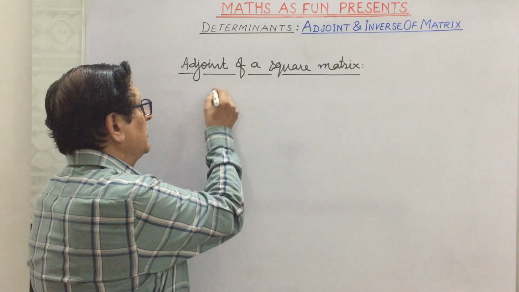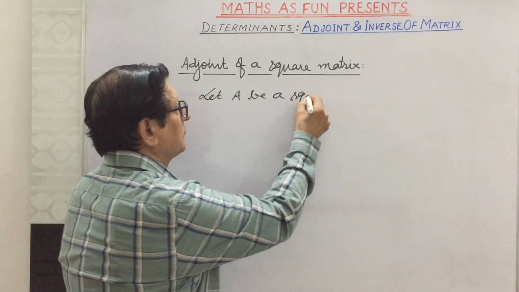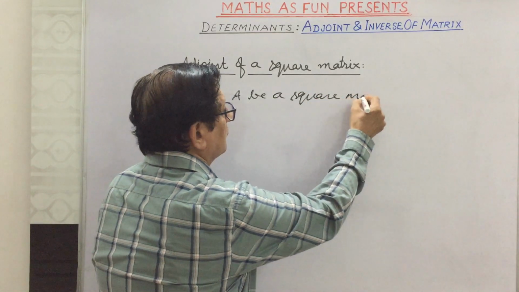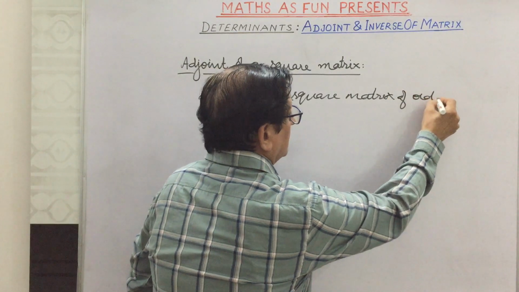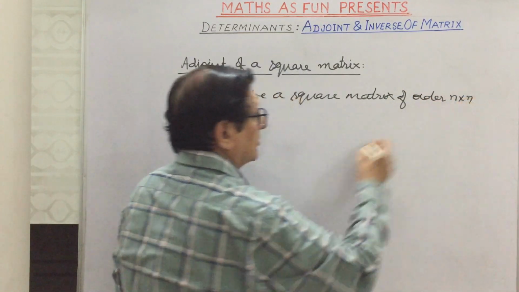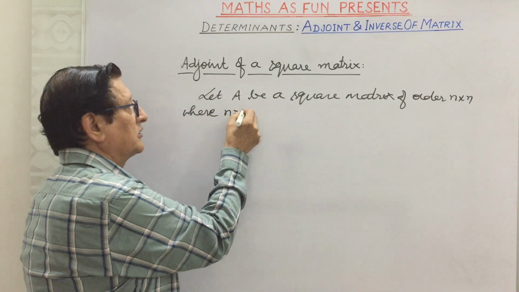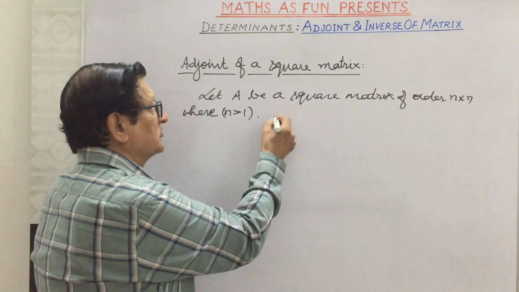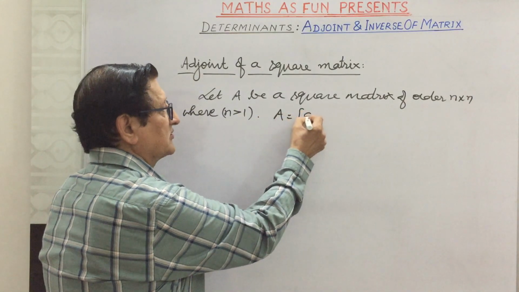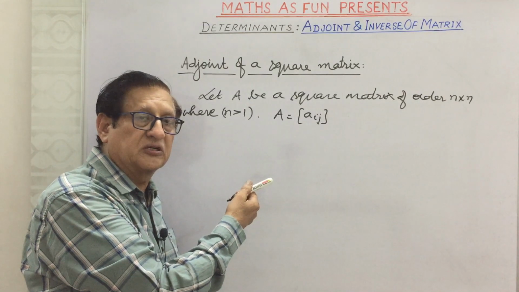Let A be a square matrix of order n into n, where n is greater than 1. Suppose A is represented as Aij, meaning Aij are representing its elements.